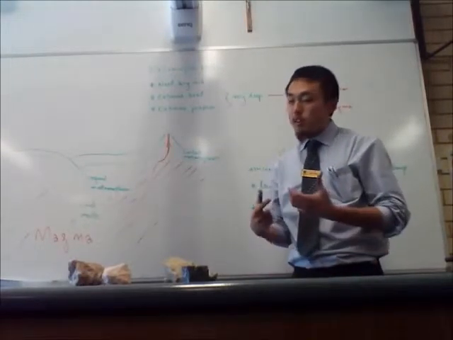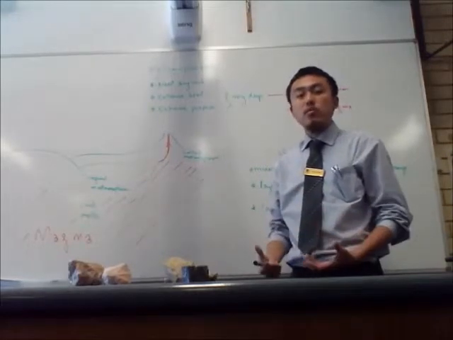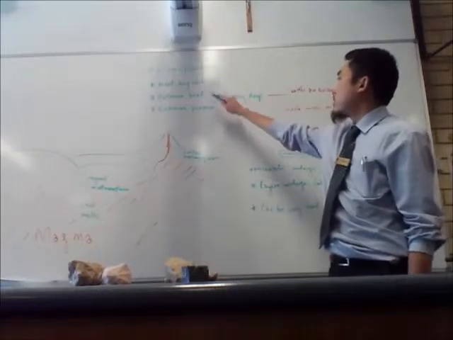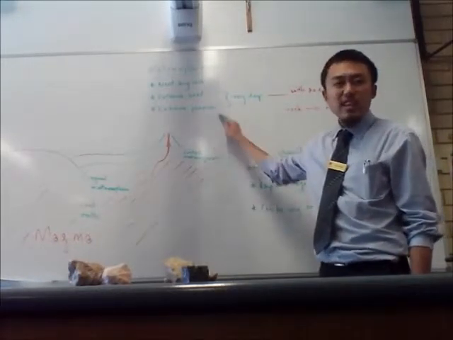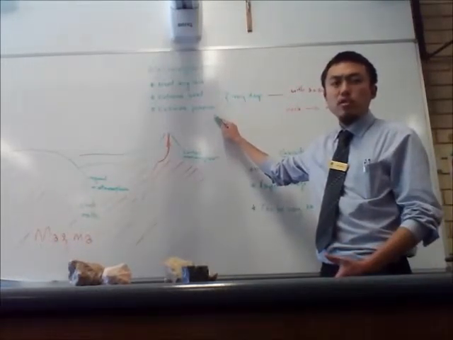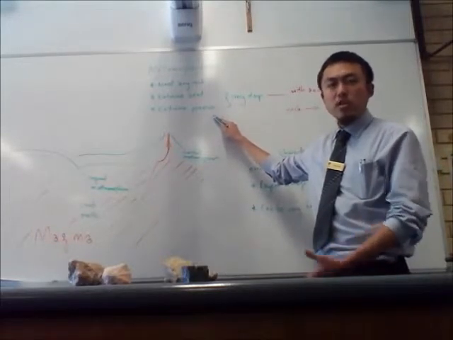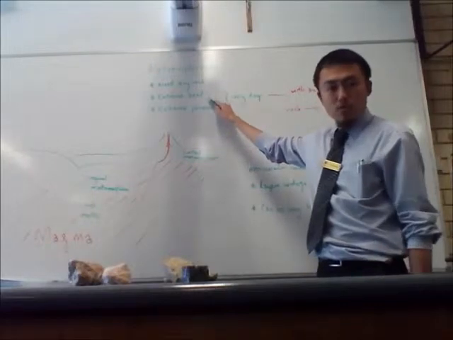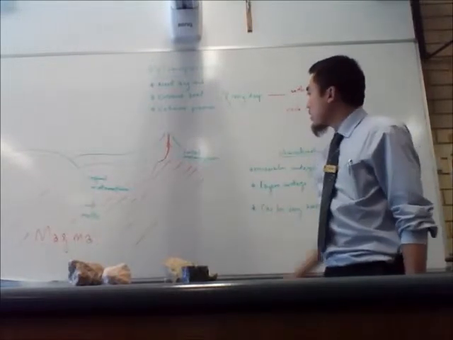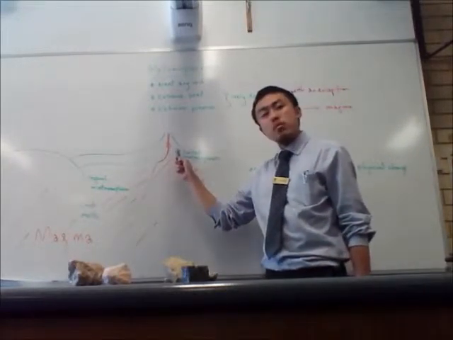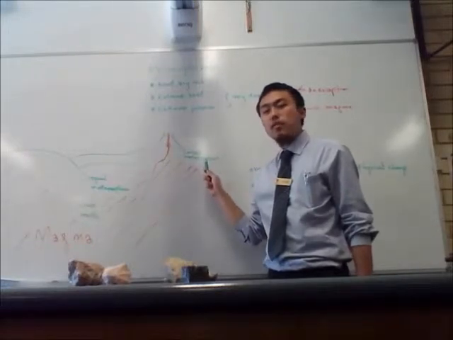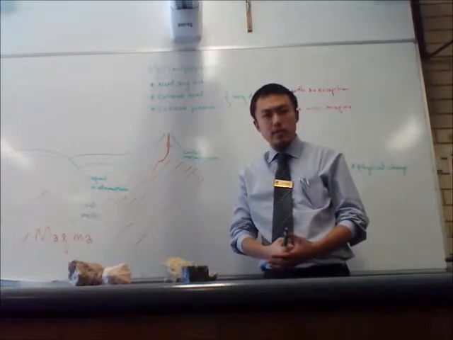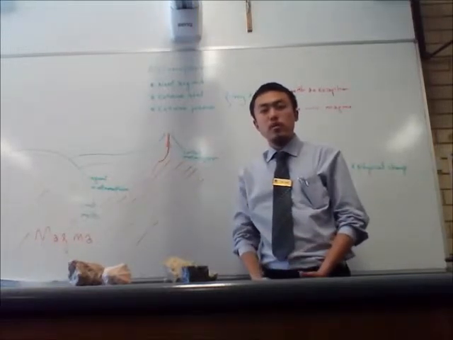And when it comes in contact with other kinds of rocks, it will exert extreme heat, and to an extent less extreme pressure, but there will still be some pressure influences on those rocks, but generally extreme heat. And we call that form of metamorphism contact metamorphism, because the magma has come into contact with the surrounding rocks.